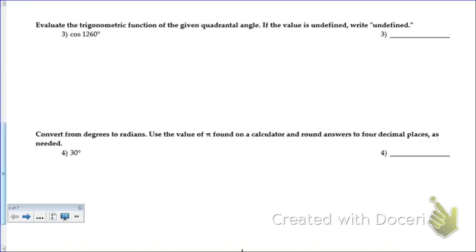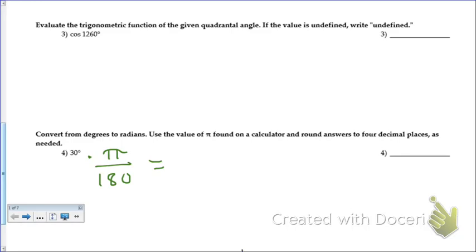Number 4, convert from degrees to radians and use the value of pi found on the calculator. Normally we leave it in terms of pi. If it does give you the instructions to do that, go ahead and give me 4 decimal places. If you leave it in terms of pi, I'll count it as well. But if we're going to go from degrees to radians, you just multiply by pi over 180.